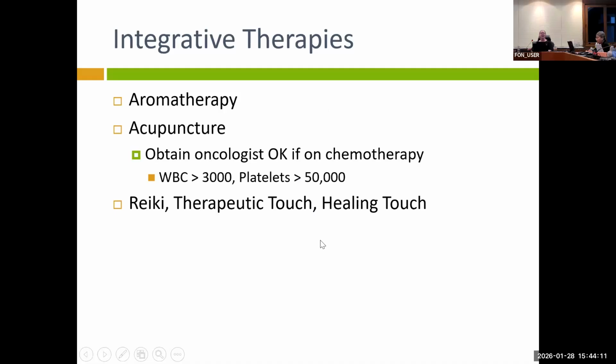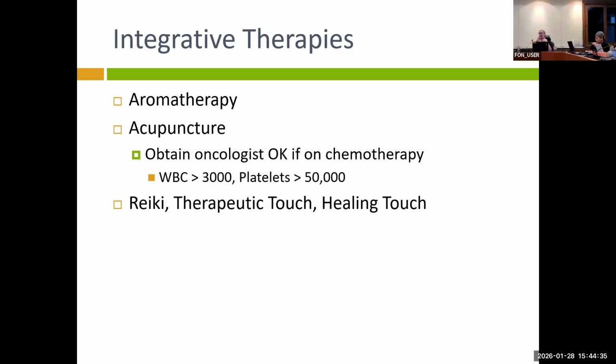And some of these other integrative therapies, like aromatherapy and acupuncture. Now, with acupuncture, we do have to, again, be a little bit cautious because of the chemotherapy. If their white blood cells are a little bit low, we can't even do acupressure because of the bruising.